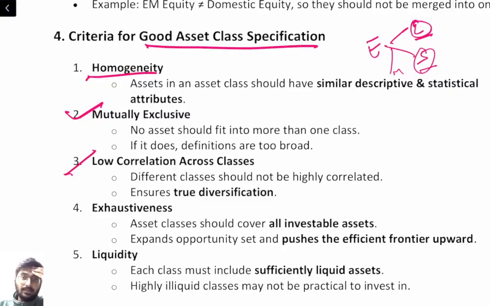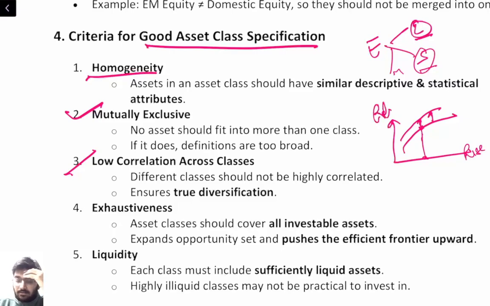Then we have: asset classes should cover all investable assets. You should have more choices, better diversification, and the efficient frontier should move up. You remember this one? It should move up, so it gives you higher return at the same level of risk. This is your risk and this is your return.